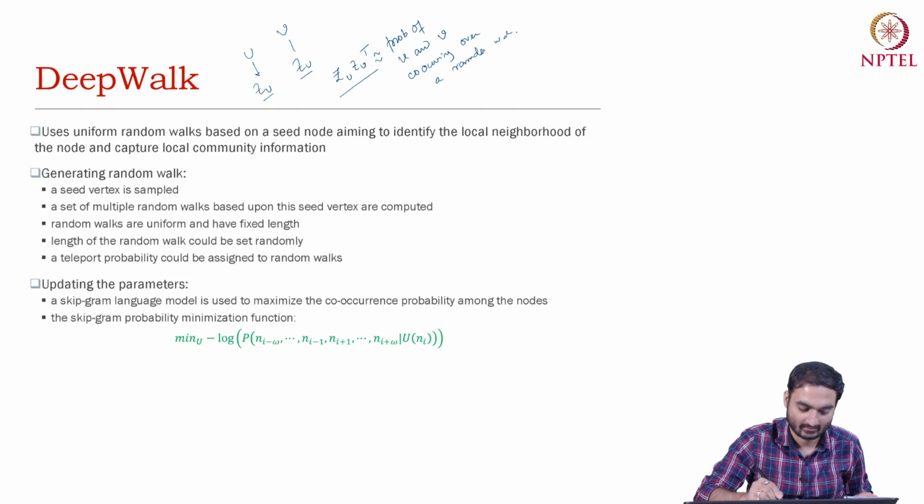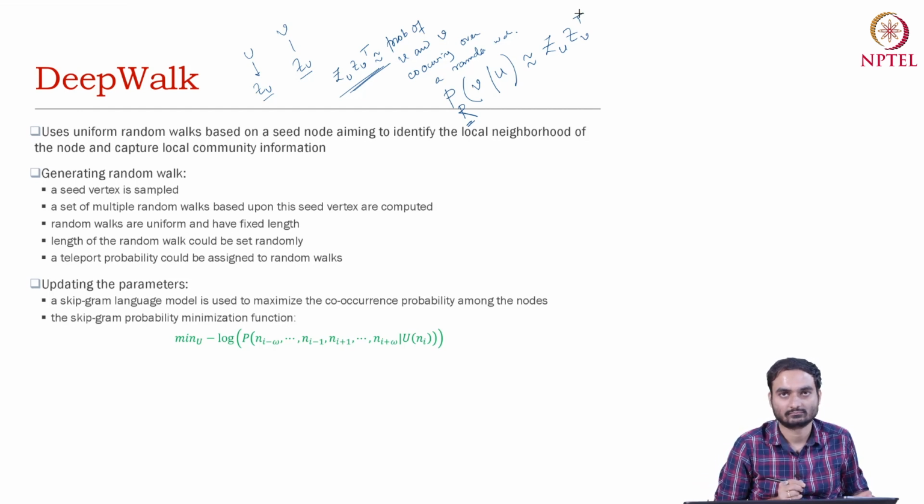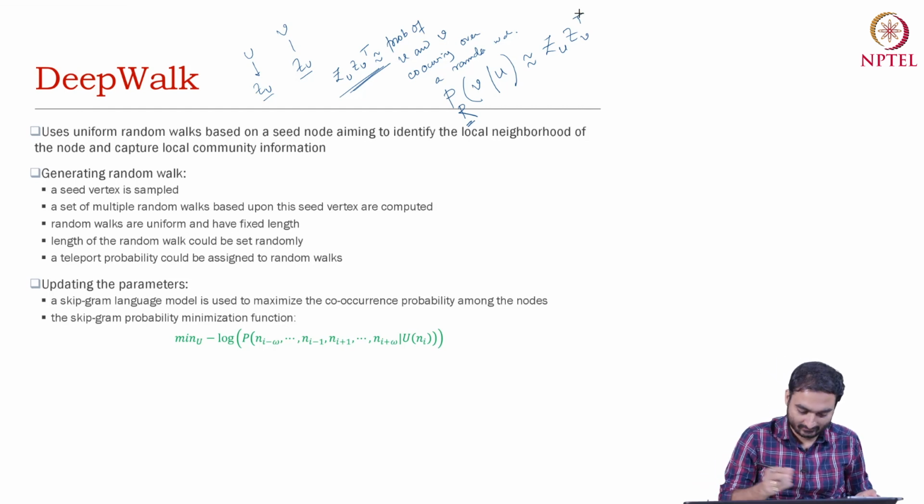This should be captured using this dot product. So in other words, the probability that, given a node u, you start your random walk r and encounter v should be approximated by zu zv transpose.